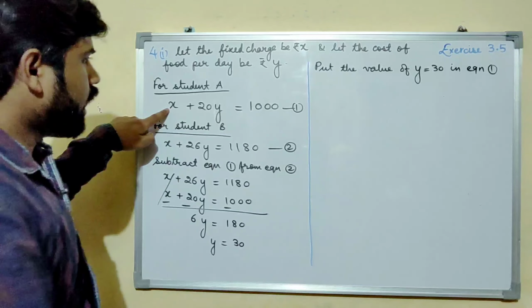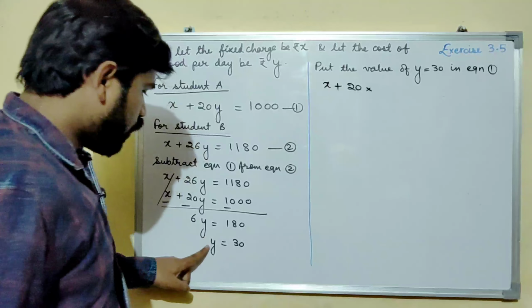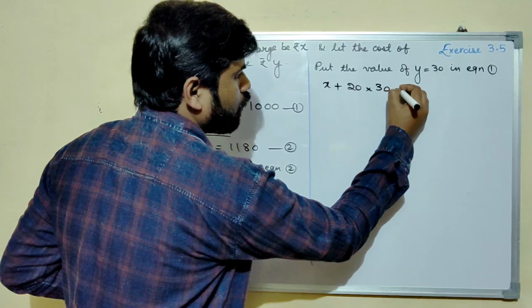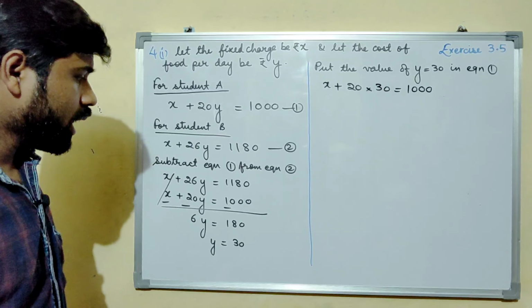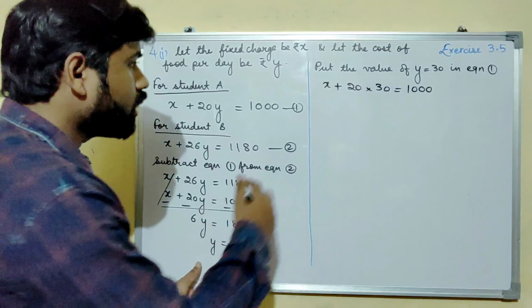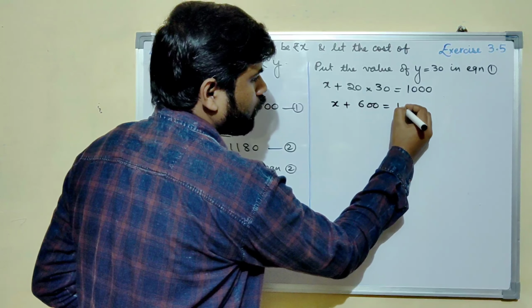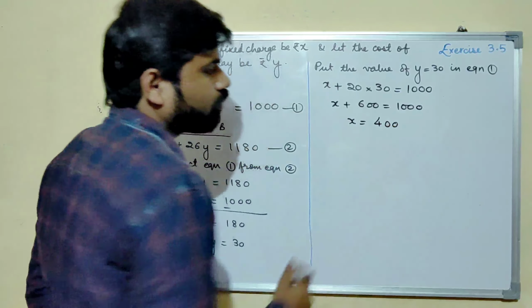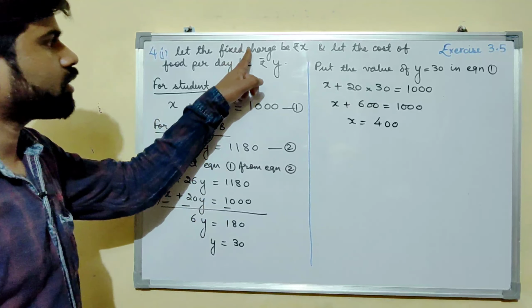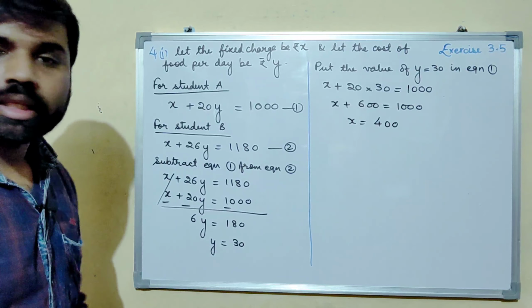Okay, so x plus 20 into 30 equals to 1000 rupees. Then you will get x plus 600 equals to 1000 rupees, or x equals to 400. That means the fixed charge is 400 rupees and the cost of food per day is 30 rupees.